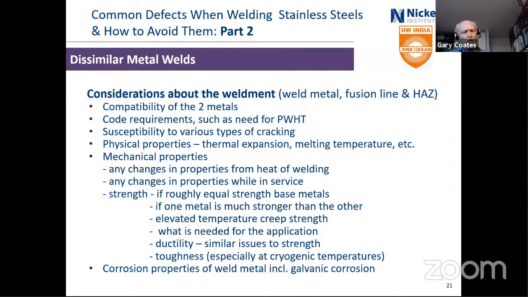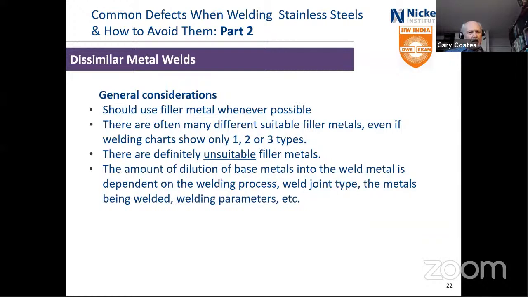We can talk about creep strength, what is needed for the application in terms of corrosion resistance and strength, creep strength. Ductility issues, toughness, that's cryogenic temperatures, and then corrosion properties. And we can even think about galvanic corrosion. Is that a possible issue?